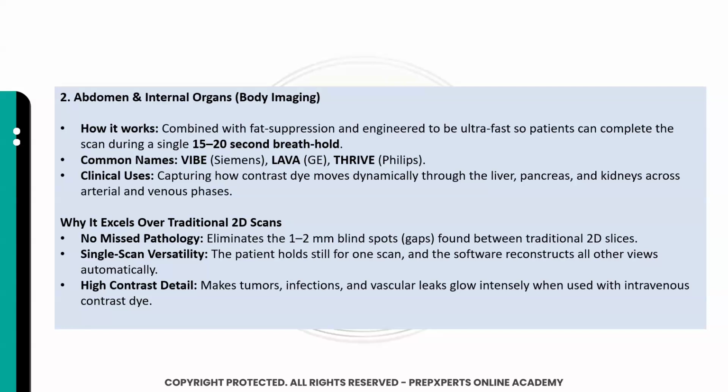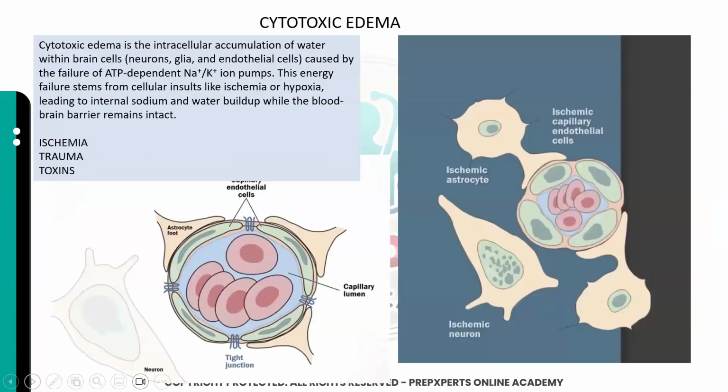Now, what is vasogenic edema? Vasogenic edema is due to extracellular accumulation of the water in the brain. Disruption allows blood, plasma proteins, and fluid to leak out of the capillaries into the interstitial spaces of the brain tissue. And the key sign to remember is that it is going to show you these finger-like projections.